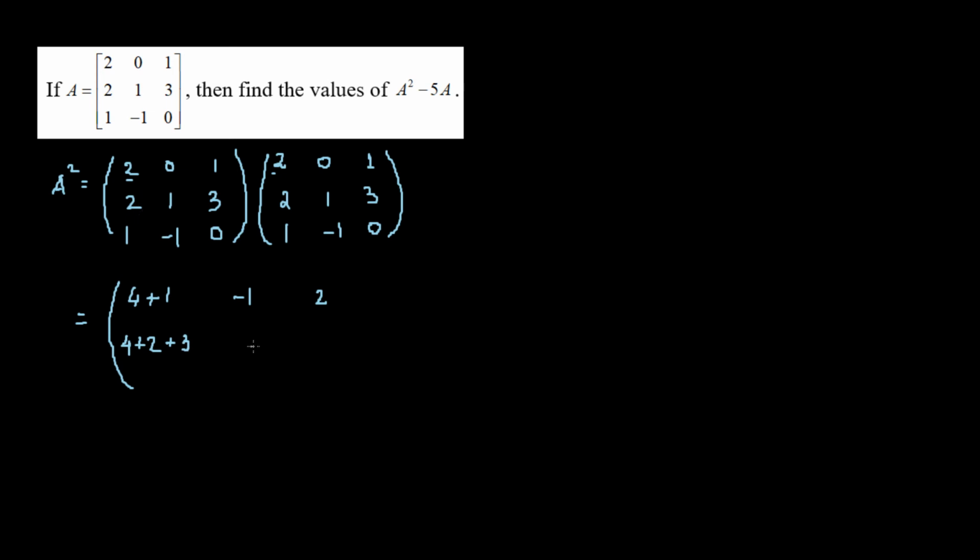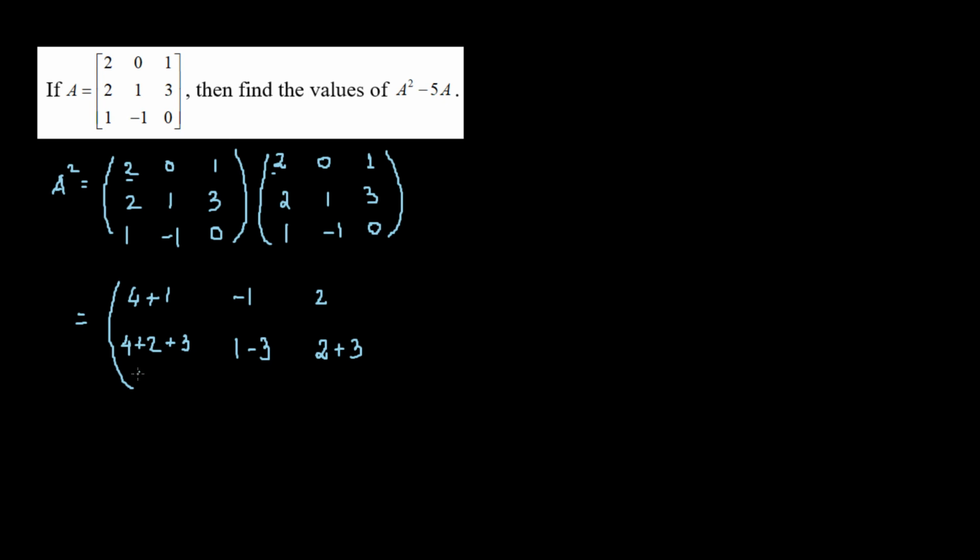Then for the element in the second row second column, we take the second row of the first matrix and multiply it to the second column of the second matrix. So we have 2 times 0 is 0, 1 times 1 is 1, and 3 times -1 is -3. Similarly, we can find 2 times 1 is 2, plus 1 times 3 is 3, and 3 times 0 is 0.